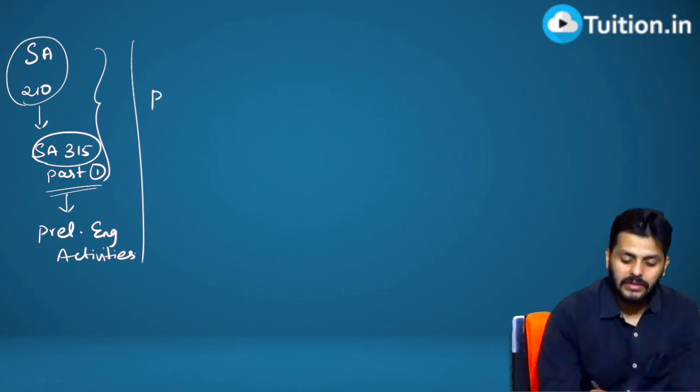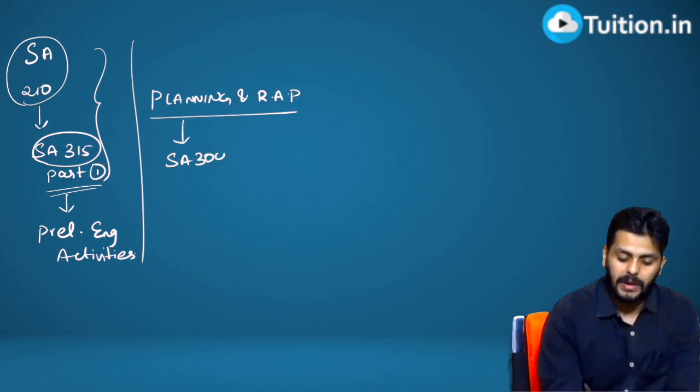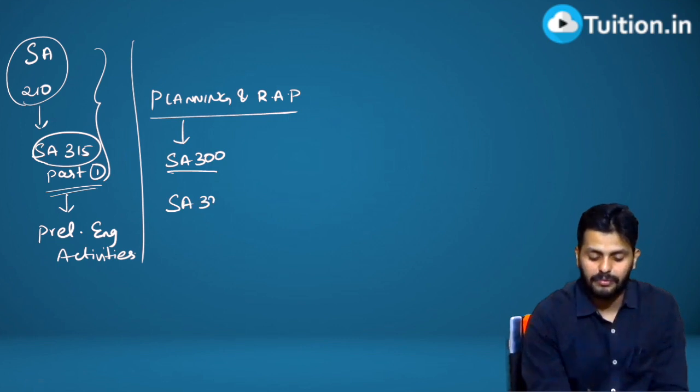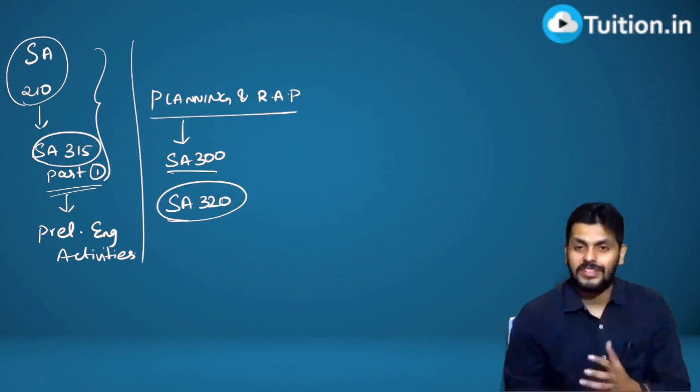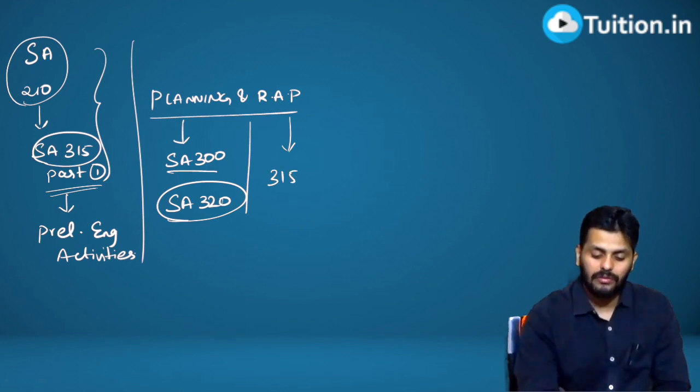Now let's get to the major part here, planning and risk assessment, which is what you're doing now. Planning and risk assessment procedures. But before we go to 315, we did standard number 300, which explained about planning. So now is the time for us to understand the concept of materiality as part of 320, and then come here and do risk assessment procedures based on 315.